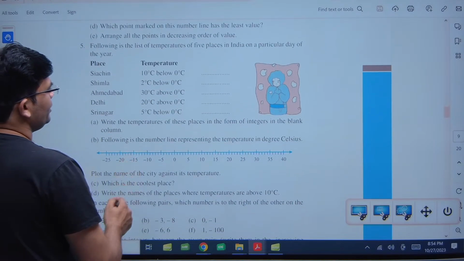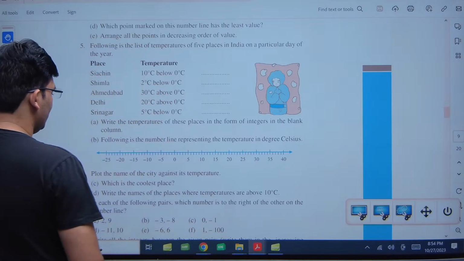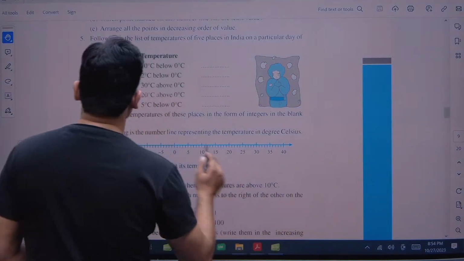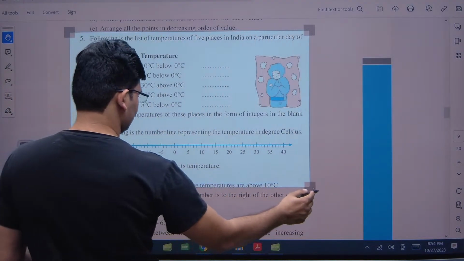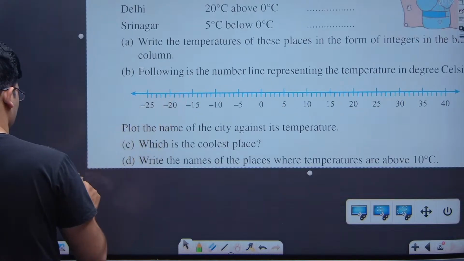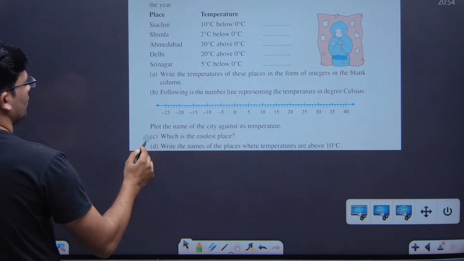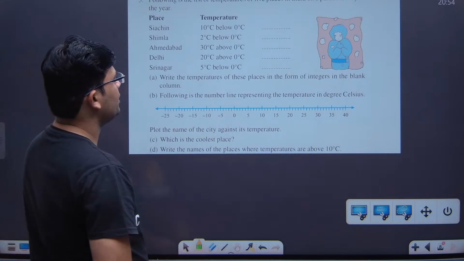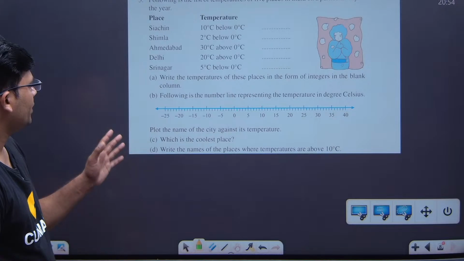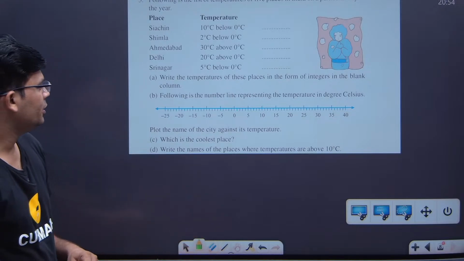Following is the list of the temperatures of 5 places in India on a particular day of the year. Okay, so let's do these questions. Siachen: 10 degrees Celsius below 0 degrees Celsius.